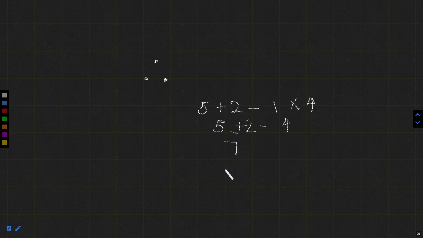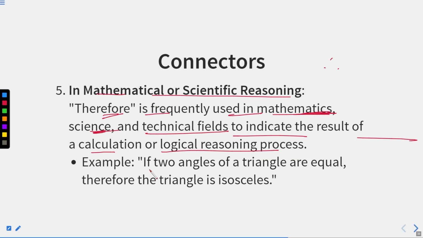But then 5 plus 2 is 7 and minus 4. So therefore, the answer is 3. So we write this therefore to show the final result. If two angles of a triangle are equal, therefore the triangle is isosceles. So in this manner, we also use the word therefore, or we can simply put these three dots to show that.